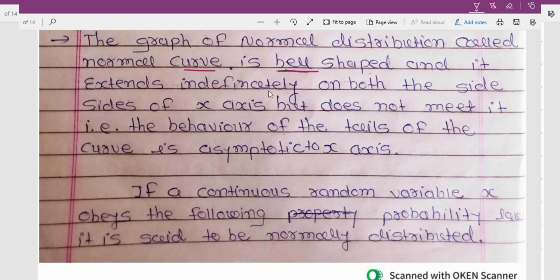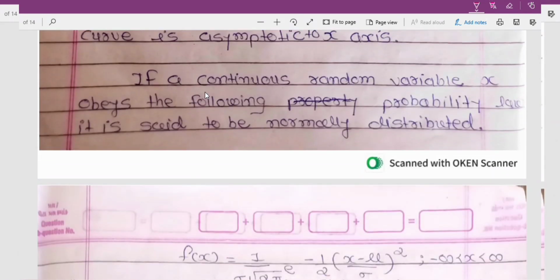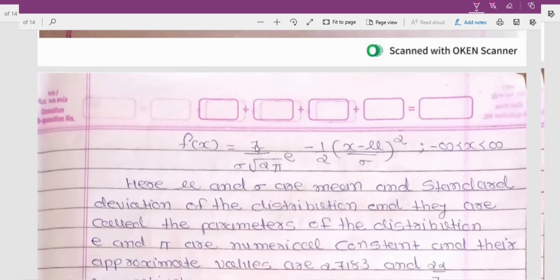The graph of normal distribution, called the normal curve, is bell-shaped and extends identically on both sides of the x-axis, but does not meet it; that is, the tails of the curve are asymptotic to the x-axis.